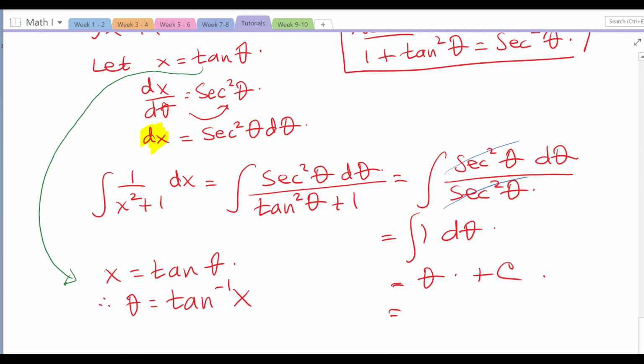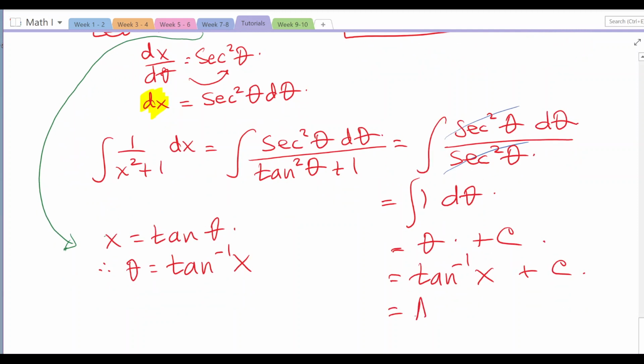So this is the same as inverse tan x plus c. Sometimes people call it arc tan x plus c, but I like to use simply inverse tan x plus c. Okay, that's the answer.